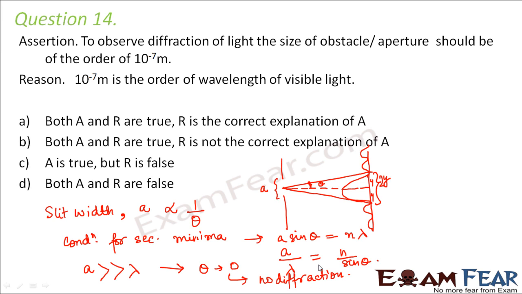And do we want that to happen? No, we want diffraction to take place. So that means for diffraction to take place, the value of A should be comparable to the wavelength of light. In fact, it should be comparable to the wavelength of visible light, because visible light is something that we see. Correct? So we can say that A and R both are correct. In fact, R is also the correct explanation of A. So option A would be the right one.